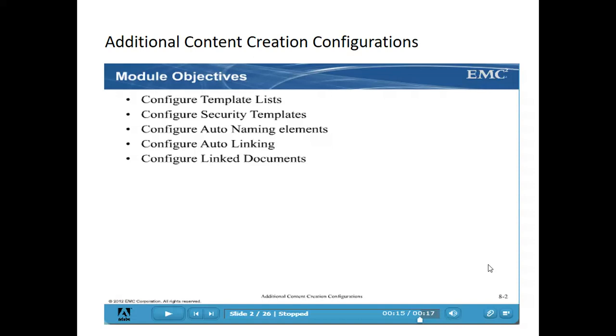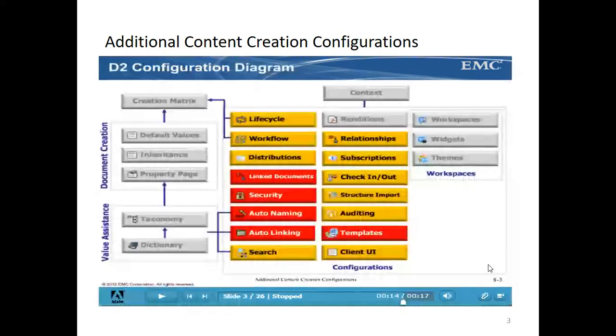This feature is defined using auto linking. And linked document is where additional documents need to be linked into the document during creation itself, based on the requirement. So the linked document feature will help for that.